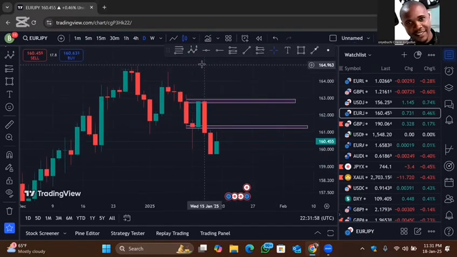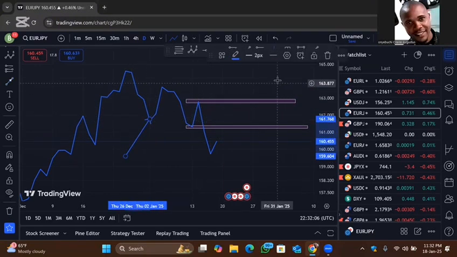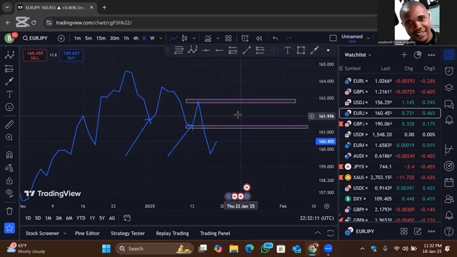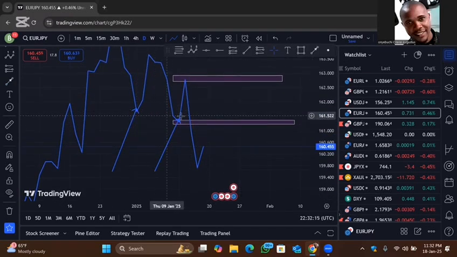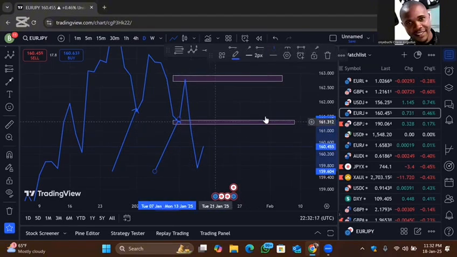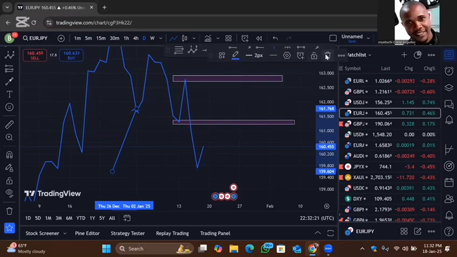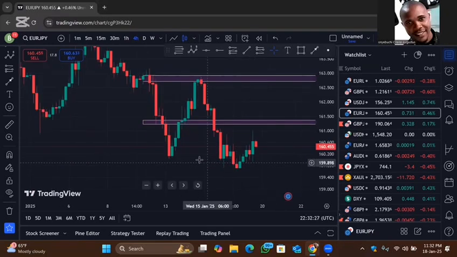If we check on our daily time frame, let's switch to the line chart. You can see right here where we have significant support become resistance at this level, also this level. So this is an added confluence for us to see that this level has the potential to hold next week for us to take our short position. So let's head down to our 4-hour time frame as well to see what it is also giving us.